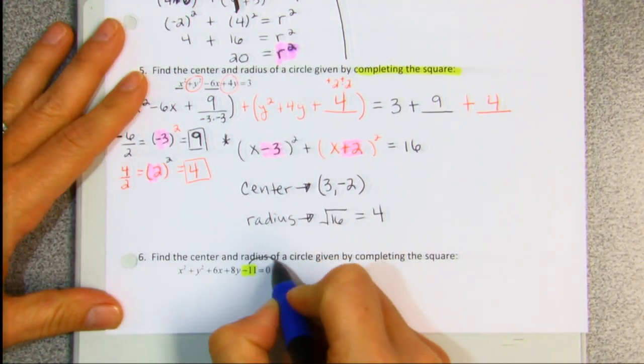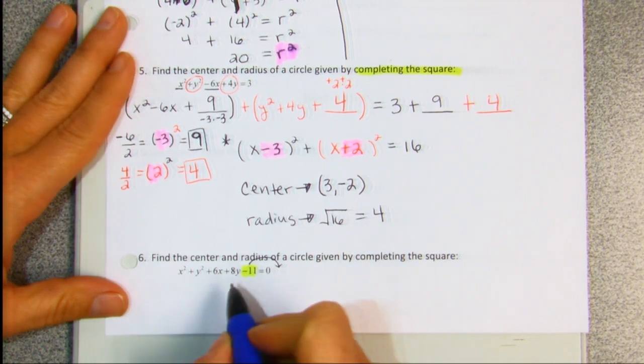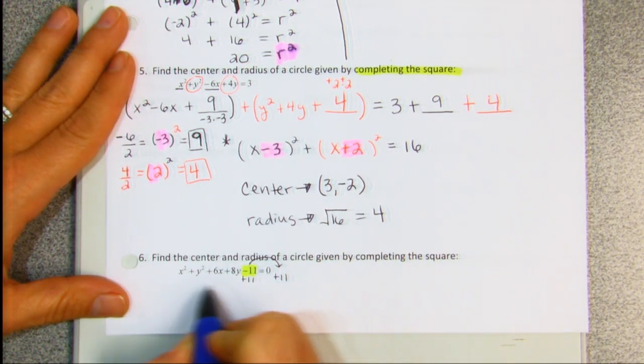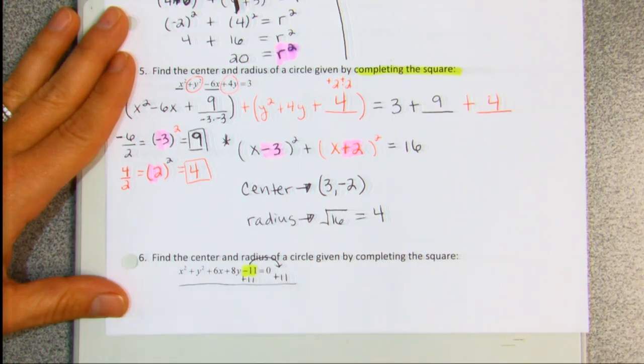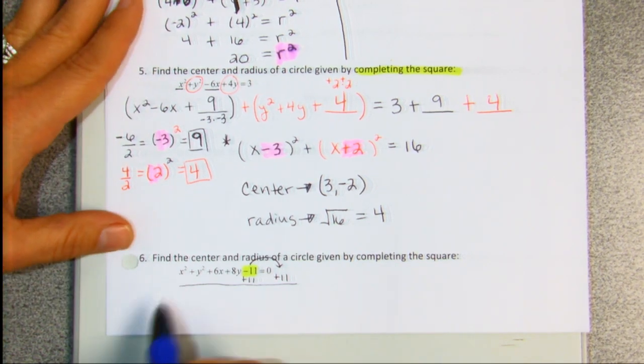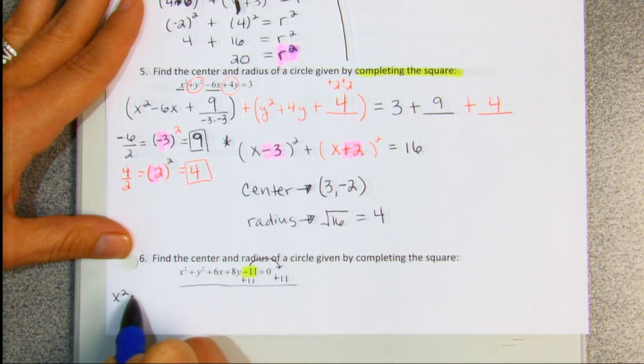So we need to move this over here. And we would do that by adding, correct? Put +11, +11. Then that would help us set that up. I'm going to go ahead and in the same step rearrange it all. So I'm going to take my x squareds and my +6x.